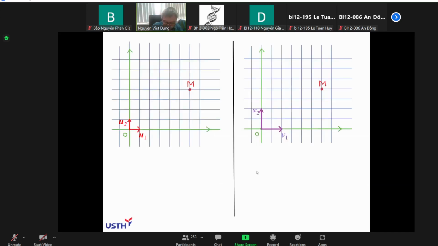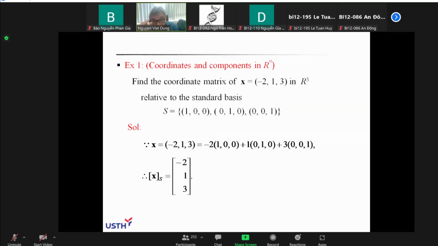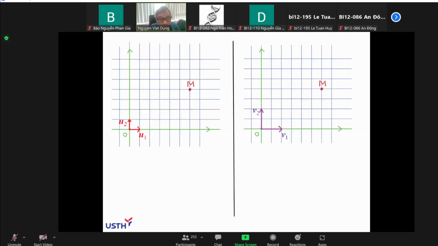And you can see that the coordinate depends on the basis. That is, with that basis, we have the coordinate like that one. Now, the next slide will show you something interesting. On the slide, you have the same point, the same vector m in red letter, on the left hand side and on the right hand side.